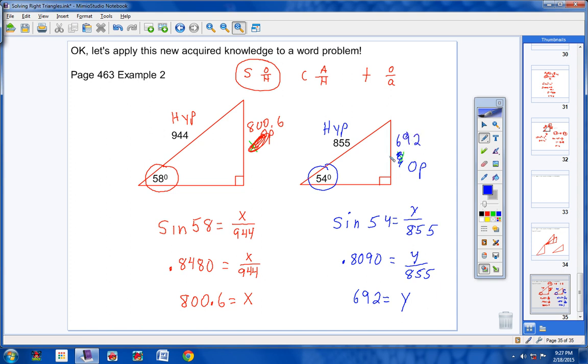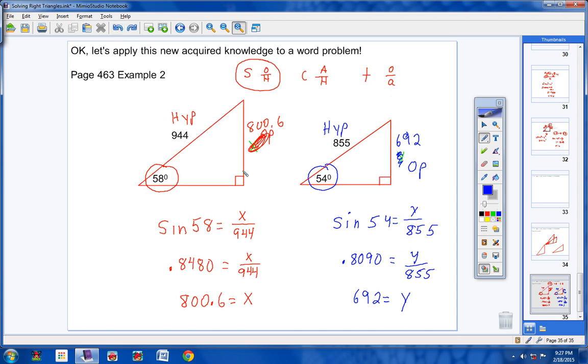Okay, students, so how do you find this little extra space right here? Watch carefully. How do I find this little extra distance right here? The distance from here to here. Well, hopefully it's common sense, I hope.